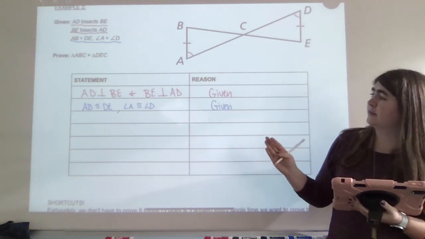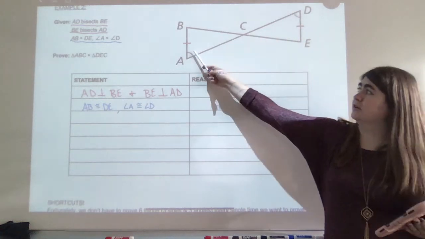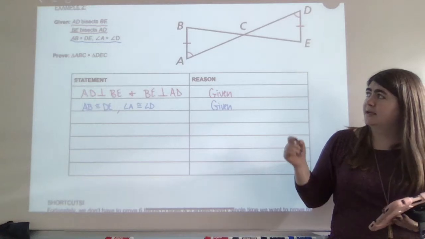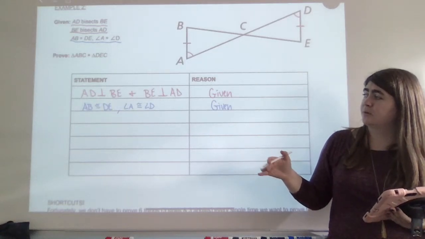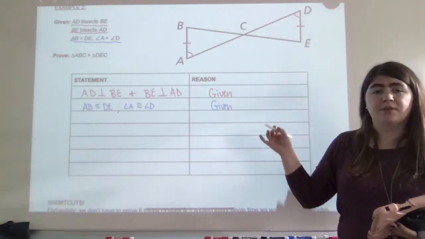So from my given statements, I have angle A congruent to angle D, side AB congruent to side DE. Alright, next, I need to be able to prove all angles and all sides, like I said. So I'm going to start with angles.